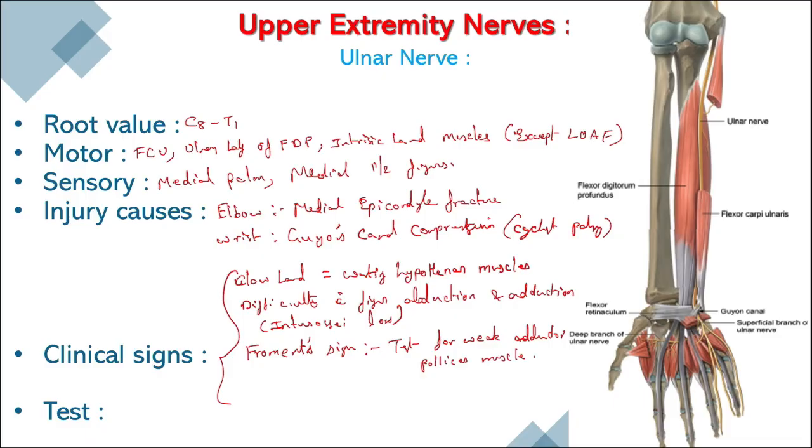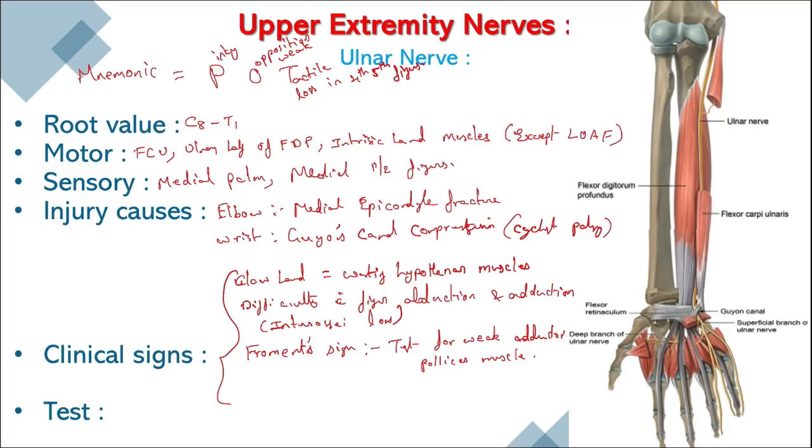Okay, so for the ulnar nerve we have one mnemonic. That mnemonic is POT, P-O-T. P means pinky finger mostly, O means opposition weak, and T means tactile loss in the 4th and 5th fingers.